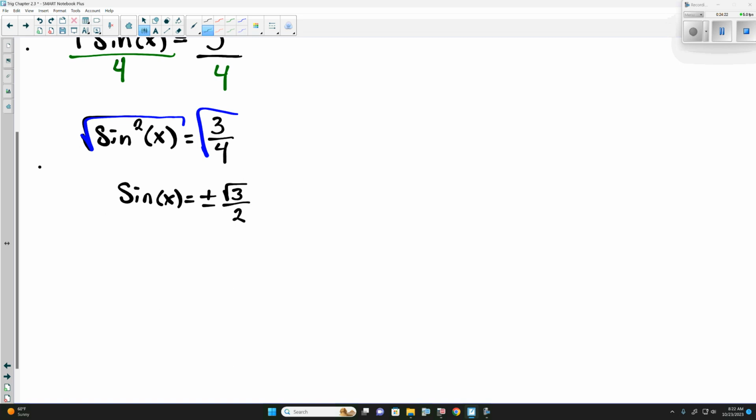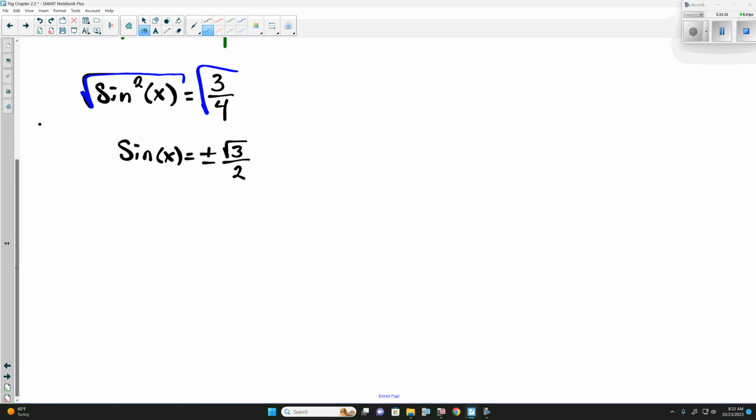Now, they're still being nice to us because, unit circle again, sine does have a value of square root 3 over 2. And the first one is up here with pi over 3.